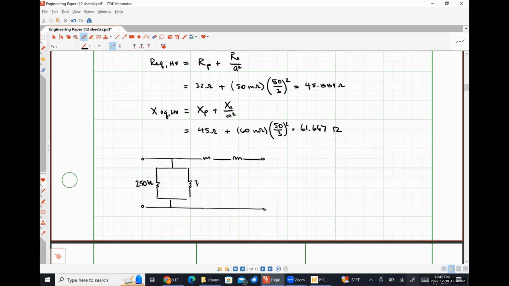XM doesn't change, so this is J 30 kilo ohms. We're going to put REQ high voltage up here, so 45.889 ohms. And this is going to be J 61.667 ohms. So this is what our equivalent circuit is going to look like with everything referred to the high voltage side of the transformer.